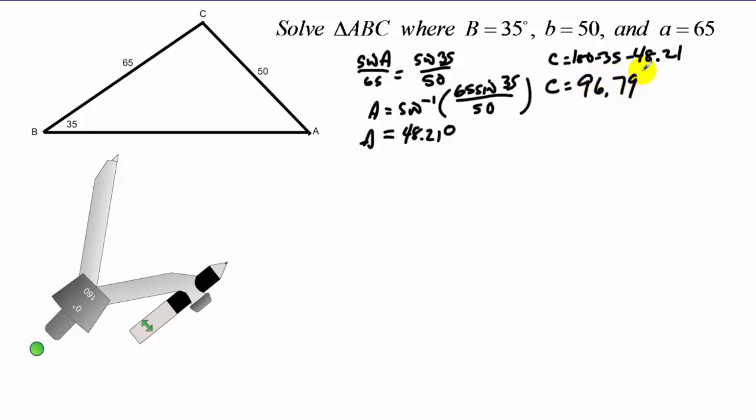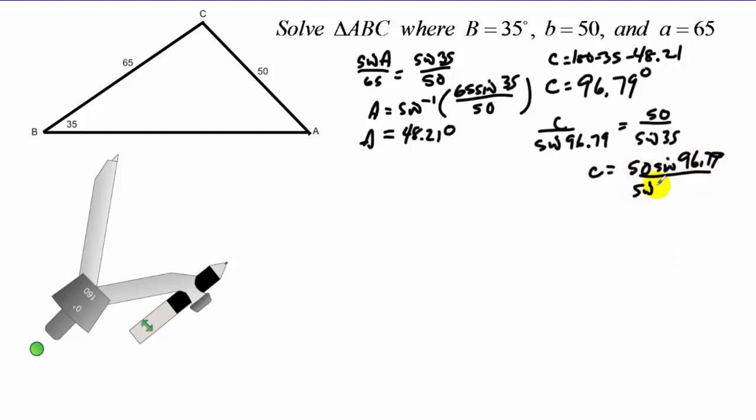96.79 degrees. And then I could find side C by doing another law of sines. So C over the sine of 96.79 equals 50 over the sine of 35. C equals 50 sine 96.79 over the sine of 35, or 86.56.